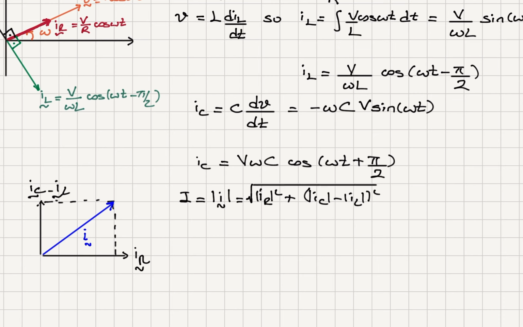That's because of this right triangle here. So I have one side, the magnitude of the I sub R phasor. On the other side, I have the magnitude of the IC minus IL phasor.